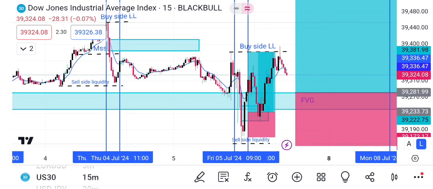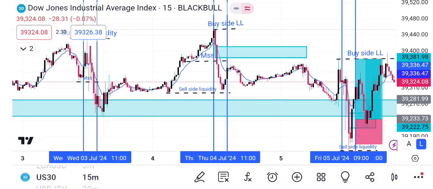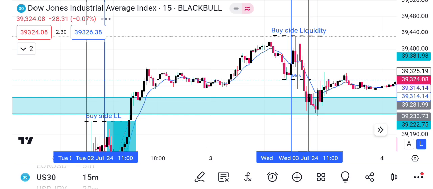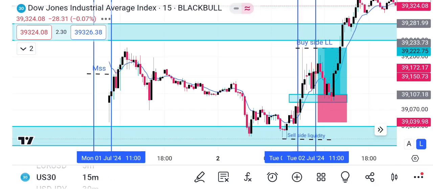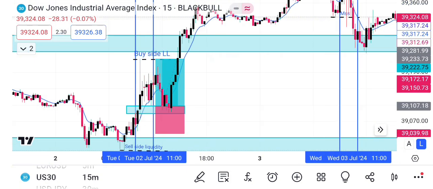But overall, in my analysis, I'm expecting bulls over here. As you can see from the backtest that I was doing, the strategy is fire. The fair value gaps, the strategy is fire. I don't want to lie.